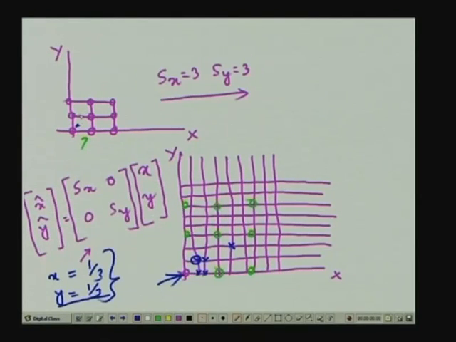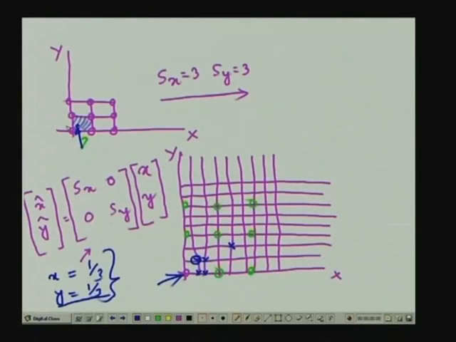And after interpolation, so in these locations where I do not have any information in my discrete image, I have to interpolate the values in these locations, and after interpolation I have to check what should be the interpolated value at location 1 by 3, 1 by 3.